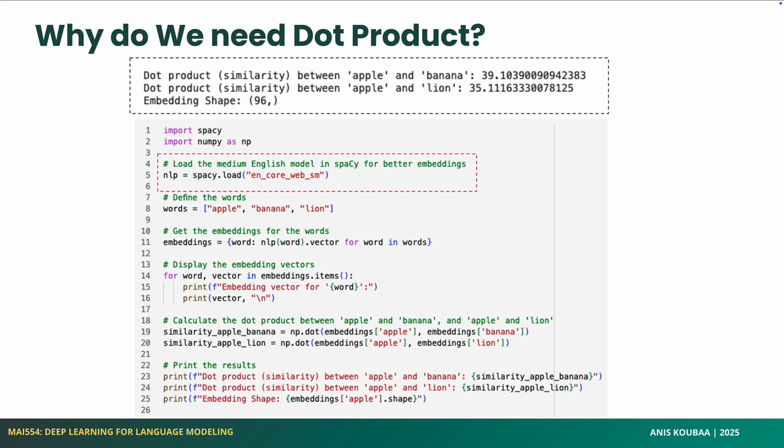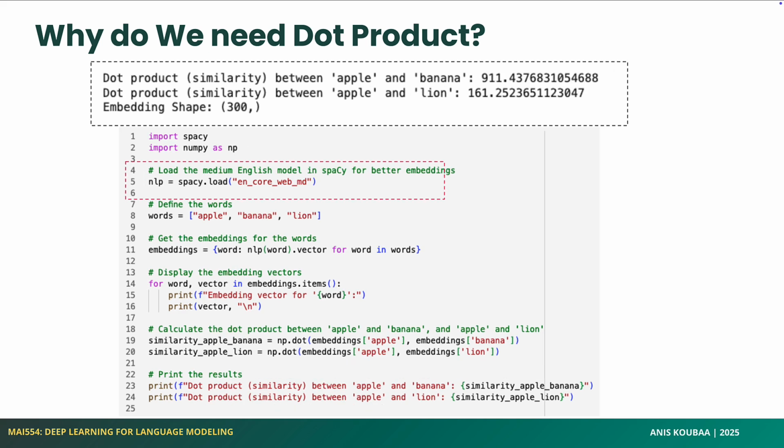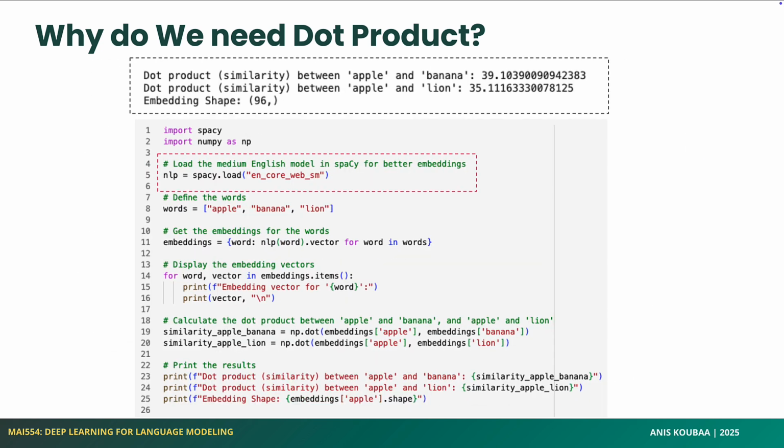Is that clear? When we did this one here, the gap is larger because this was trained on many more words, much more context. So it was able to learn richer information. This one was trained also, but because the vocabulary is smaller, it has been able to capture some nuances, but still not to the same extent as the bigger model.